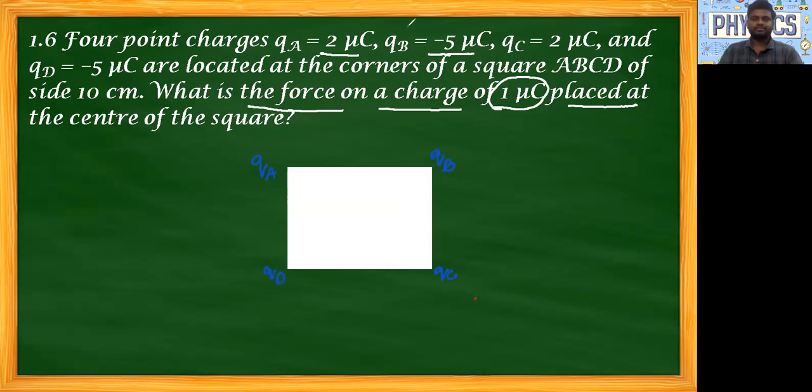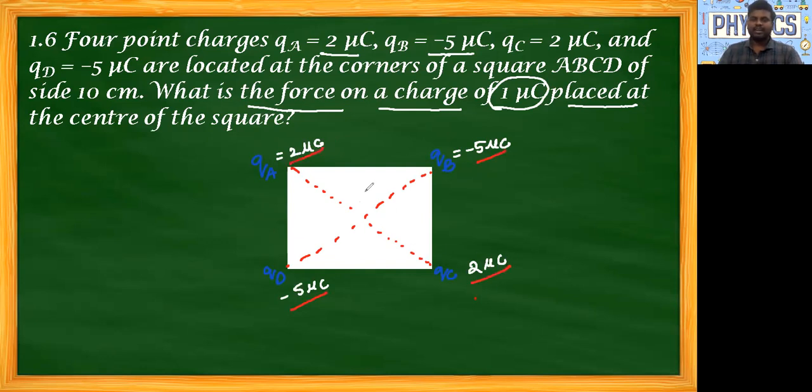We placed QA as 2 microcoulomb, QB minus 5 microcoulomb, QC 2 microcoulomb, and QD minus 5 microcoulomb. We observe here the diagonal charges are the same: here minus 5 microcoulomb, here minus 5 microcoulomb, and here 2 microcoulomb, here 2 microcoulomb. And the side they give is how much? 10 centimeter. This is 10, this is 10, this is 10, this is 10. At the center we have 1 microcoulomb charge.